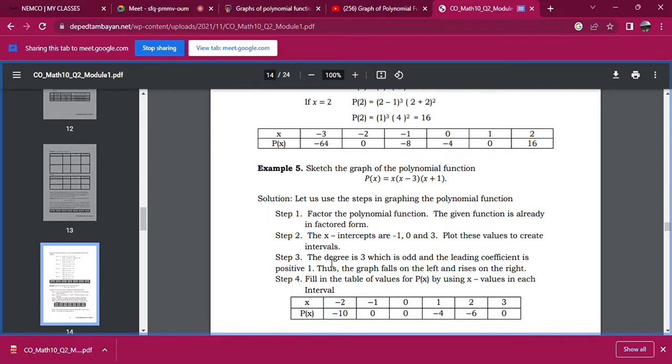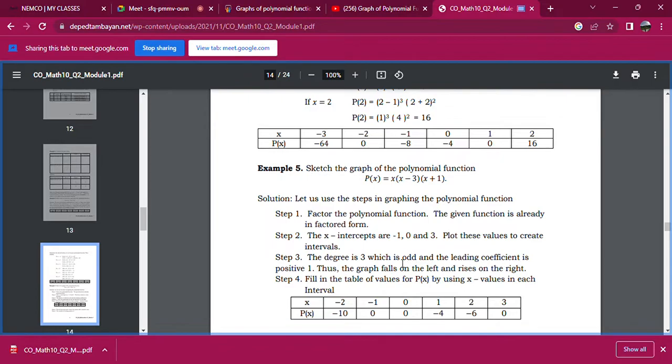Number 3, kaya ato identify ang ato degree and unsa nga ato leading coefficient. So, ato degree kay 3. Anong nakaingon man ta na 3? Kaya kung ato ni siya i-multiply tulo, x times x times x, so we have the answer of x to the power of 3. Again, x times x times x, that is x cubed. So, our degree is 3, and ang ato leading coefficient is positive 1.